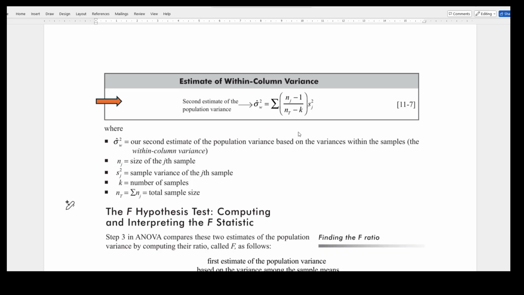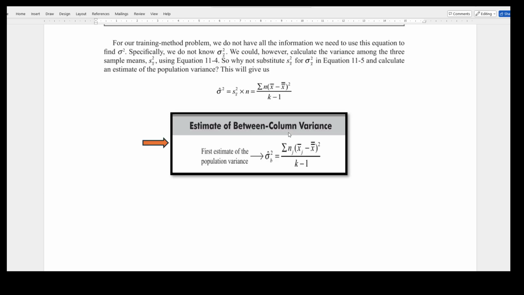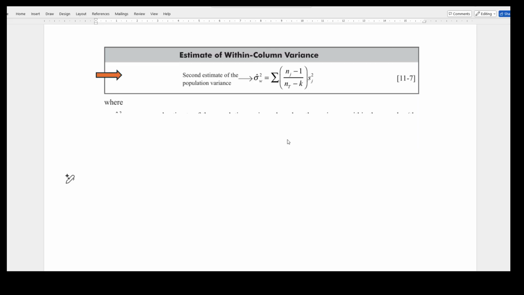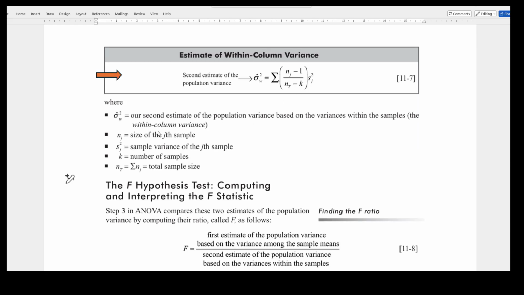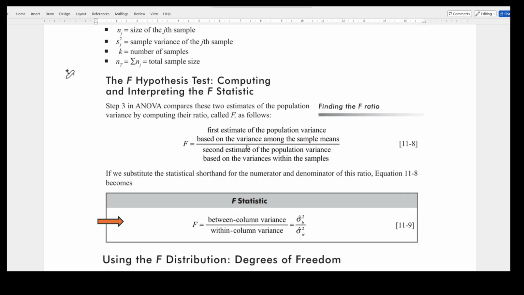In this case N stands for the total number of observations and K stands for the number of samples. Nj is the size of the jth sample. You can have samples with different sizes also, right? We are going to be using the F distribution, or F table, for this solution, and F is actually a ratio of these two estimates.